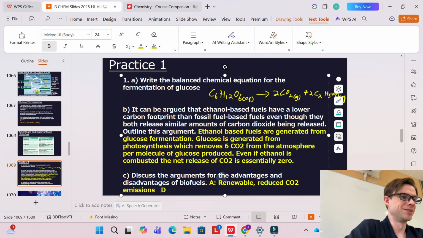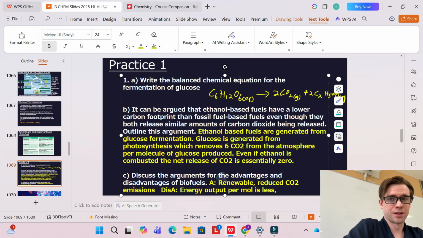Not B, but disadvantages, we can say. What can we say? So the energy output per mole is less than most fossil fuels. So that's not great if we're trying to make the best fuel per mole.